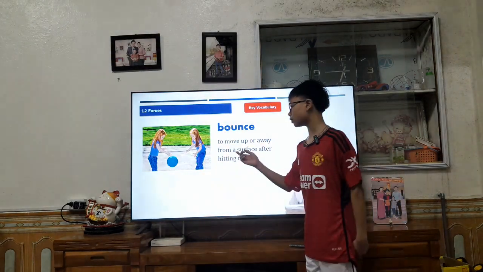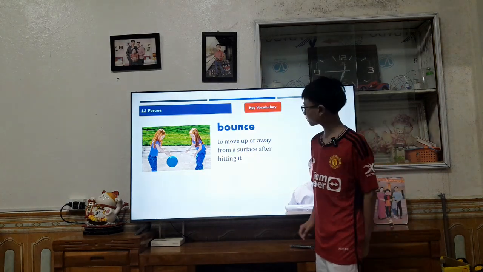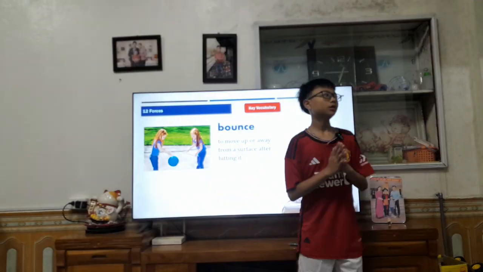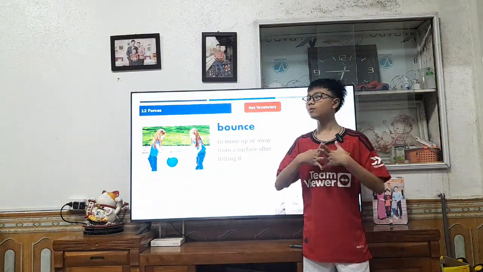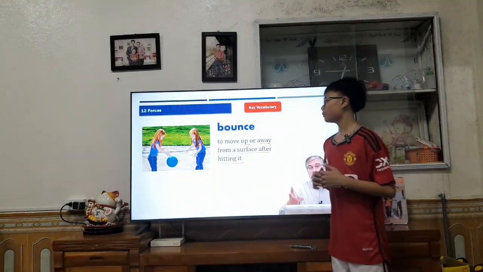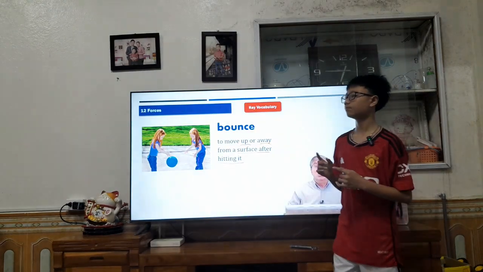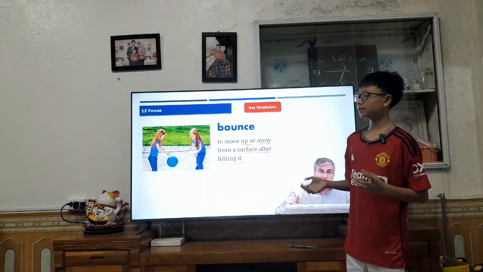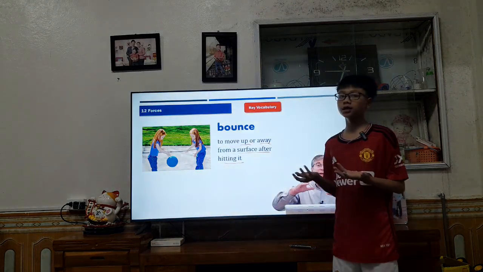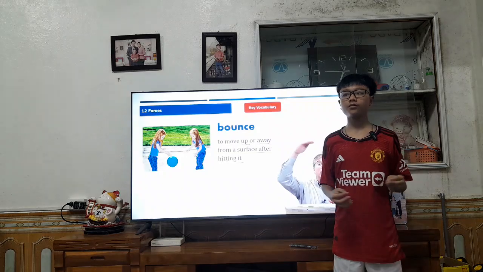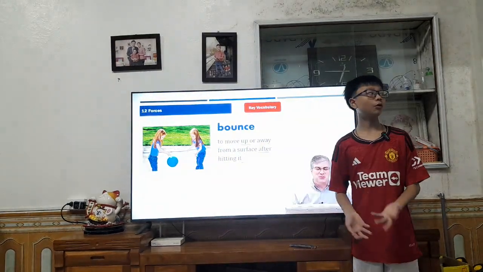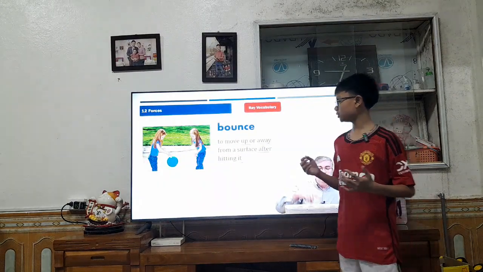Okay, now we have bounce. Bounce is to move up or away from the surface after hitting. We can see bounce at many different times. It may be when we see a ball or something that is very bouncy, and we make it hit hard on the surface or the ground, and it will move out again. So it is bounce.